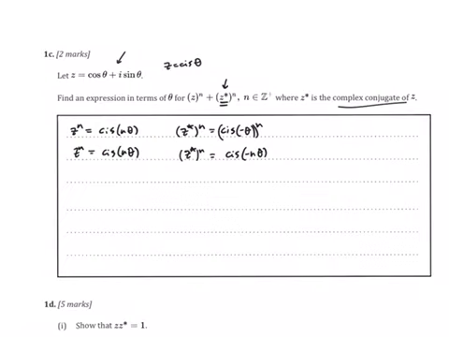Okay, so I'm going to expand these right quick here. This would be cosine n theta plus i sine n theta. And this would be cosine n theta, and I'll explain why, minus sine n theta in just a second here.